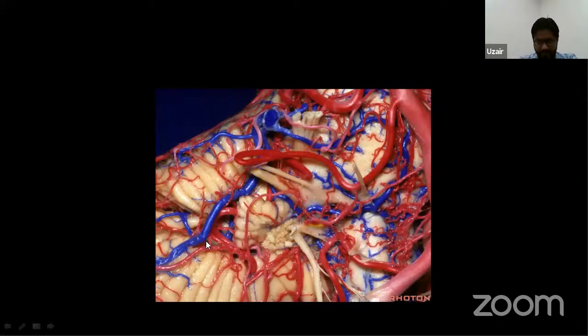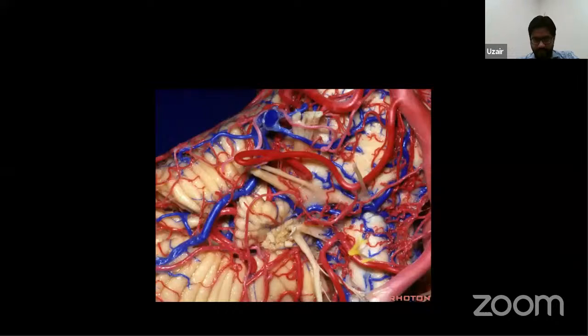Then we have the 10th cranial nerve, the vagus nerve. Then we have the spinal accessory nerve that actually lies in the spinal cord. The initial 5 segments arise, traverse the foramen magnum, and then exit through the jugular foramen. And these are the small rootlets of the hypoglossal nerve.